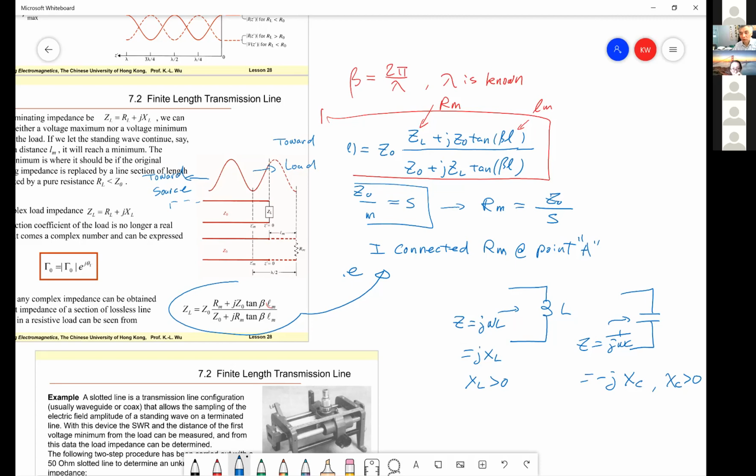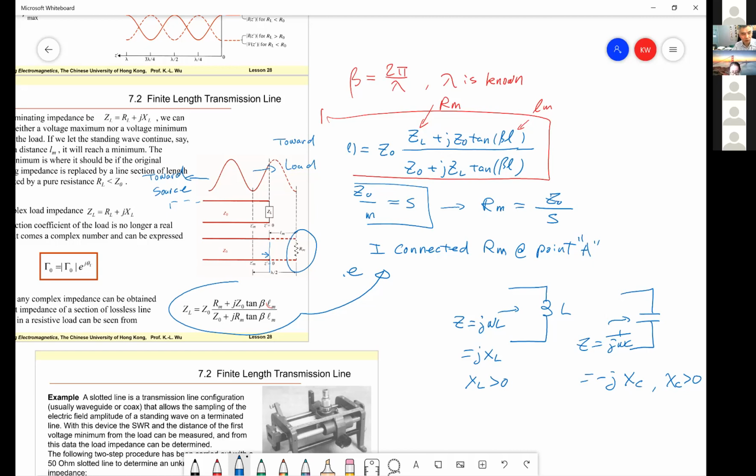Okay, so another question is, do we need to move the reference plane toward the load in order to find a real impedance? Sometimes, for example in this case, we artificially extend toward the right. But the purpose is we want to calculate this impedance. This is a trick for us to calculate.